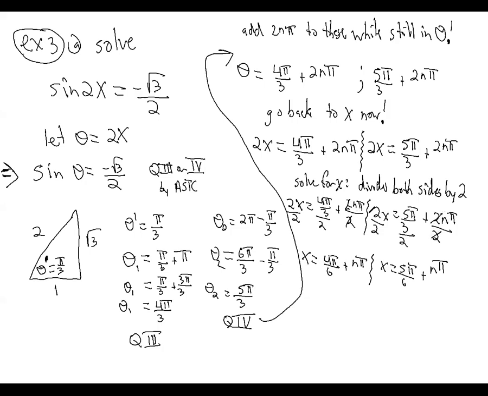But this 4 over 6 reduces to 2 over 3. So that's x equals 2 pi over 3 plus n pi, or x equals, this one doesn't simplify, 5 pi over 6 plus n pi.